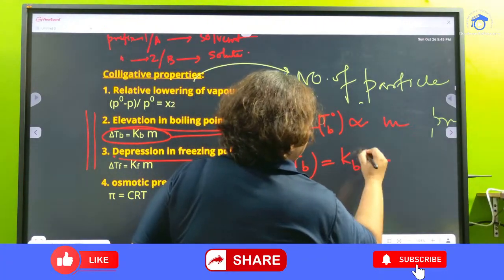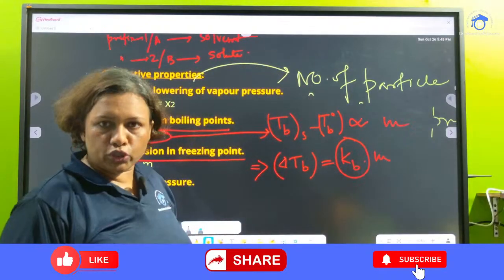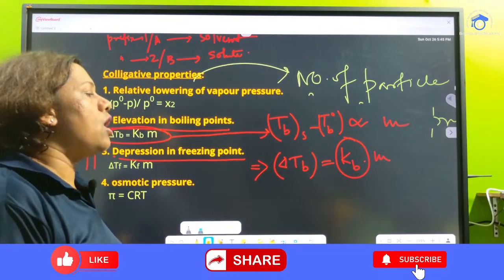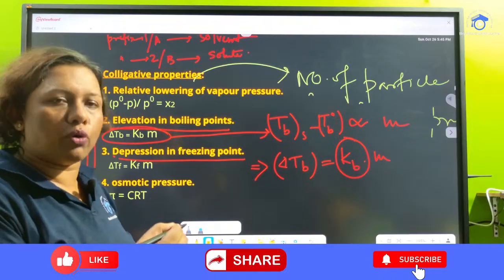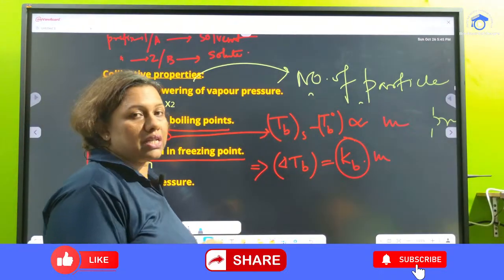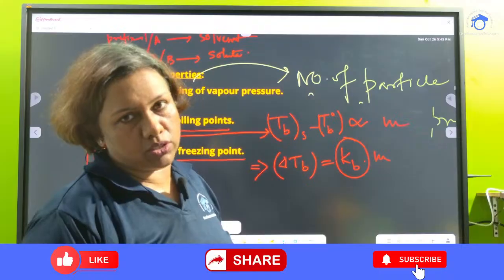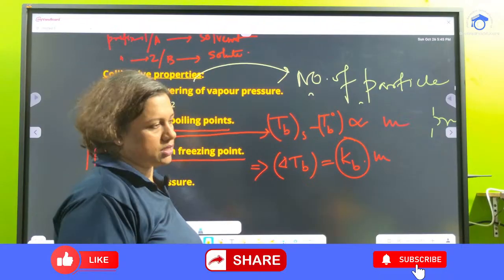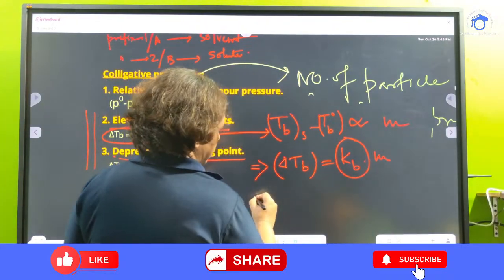equal to Kb into m. This Kb is called proportionality constant. This is the molar elevation of boiling point, or this is also known as ebullioscopic constant. Okay, and this is molality.